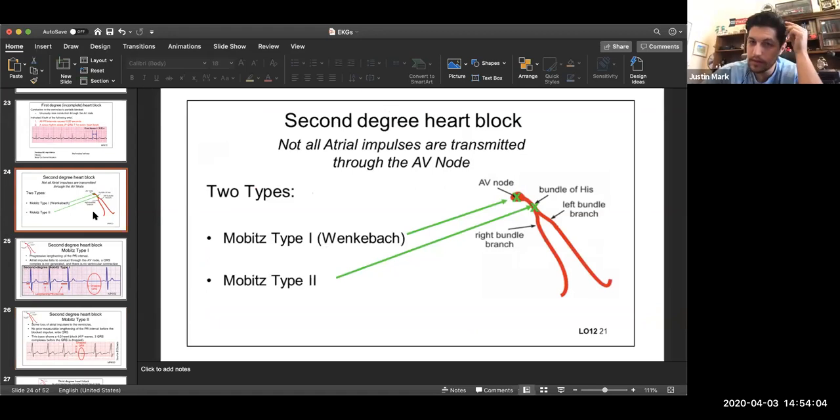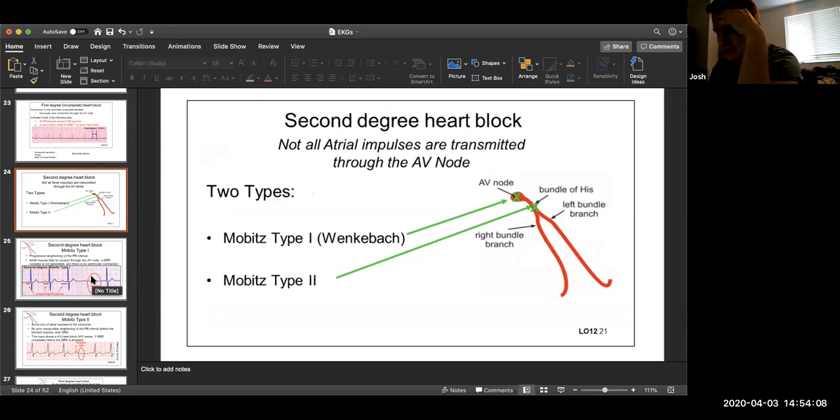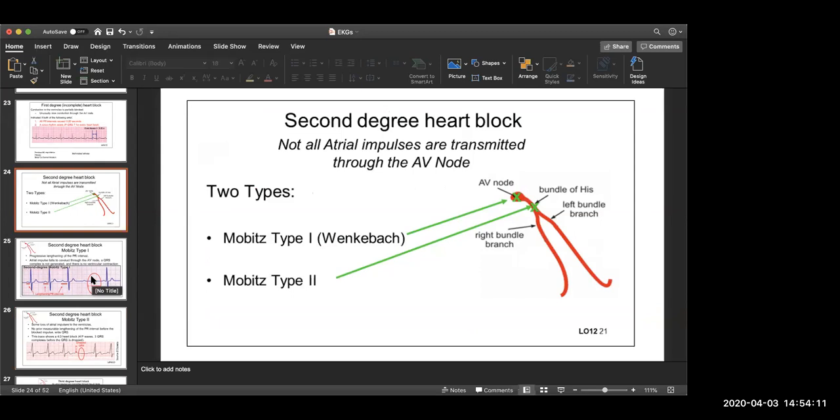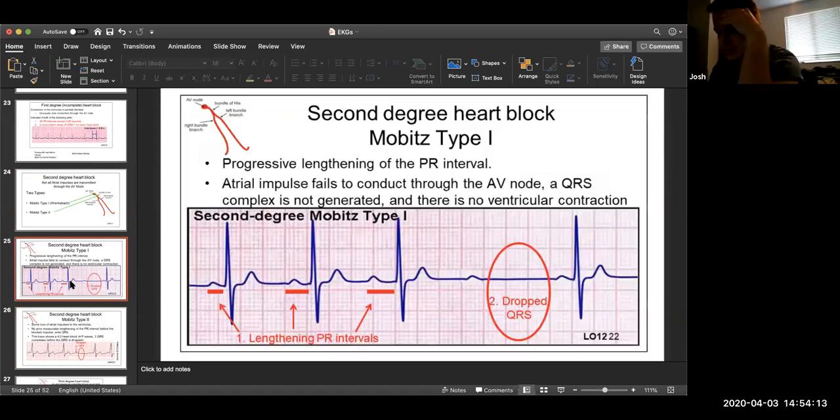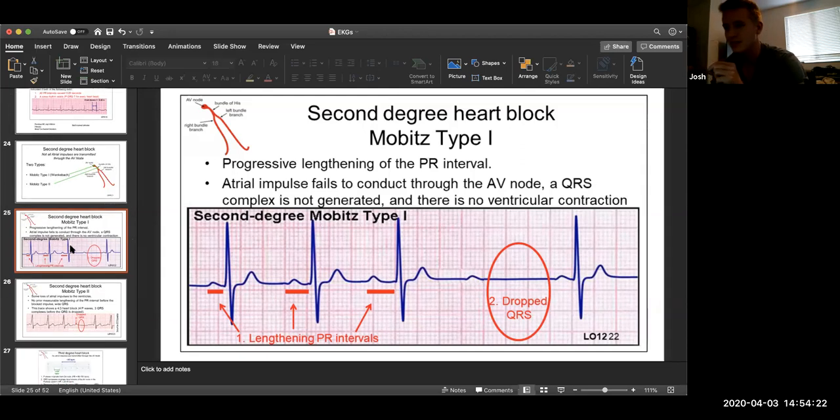Okay. My guess is the SA node has its own beat, right? And it has to send the signal to the AV node. So in Mobitz type 1, I imagine the SA node sends a very regular cycle, but the AV node is going much slower, so it might not repolarize. Maybe the first time it repolarizes normally, but then it's still repolarizing while the SA node sends its second one and it's not ready, so it takes a little longer.